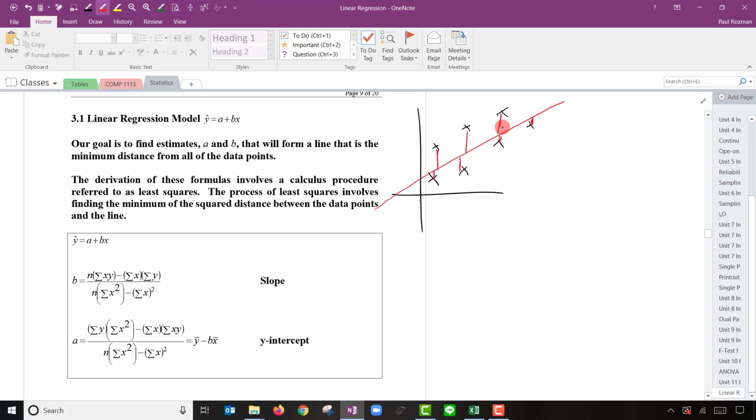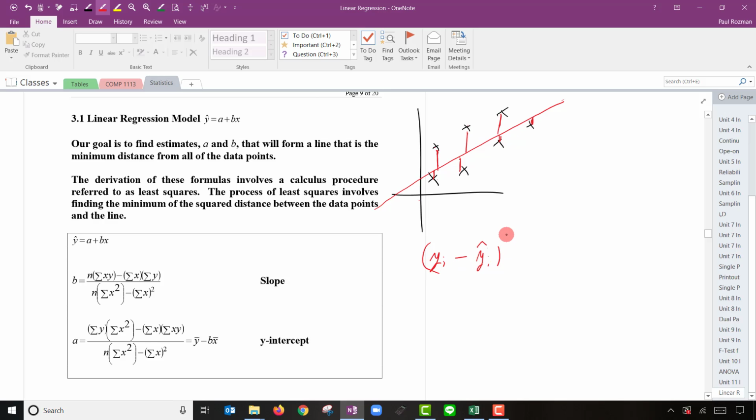So those differences, I would have the actual y values minus my predicted y values. These y hats are the y values on the line, and the yi's are the y coordinates of the actual points. I want to minimize those distances.